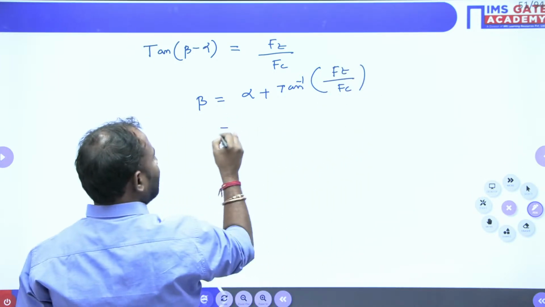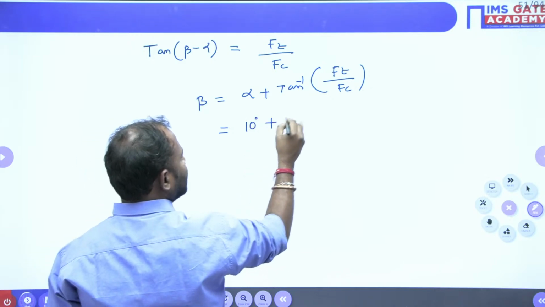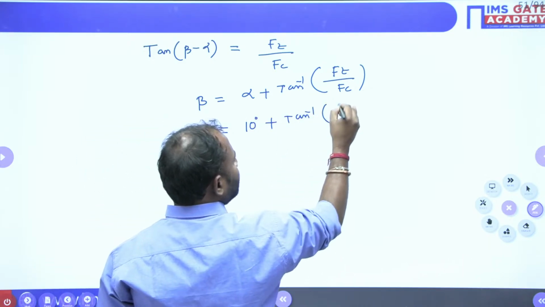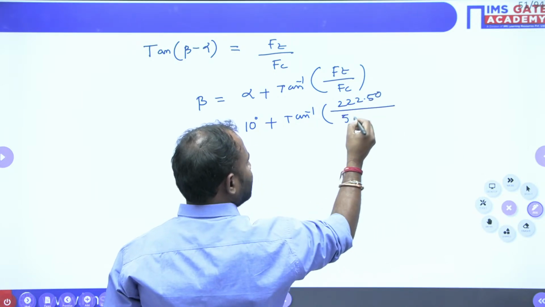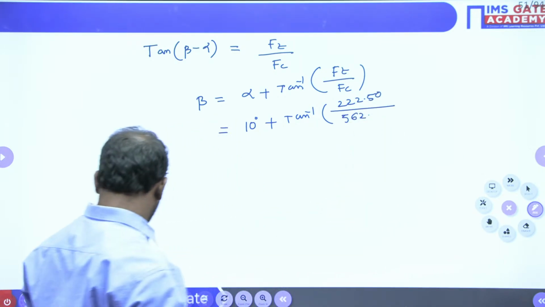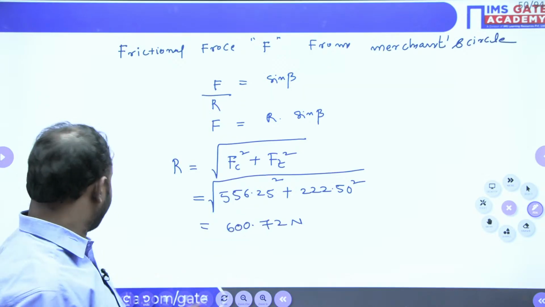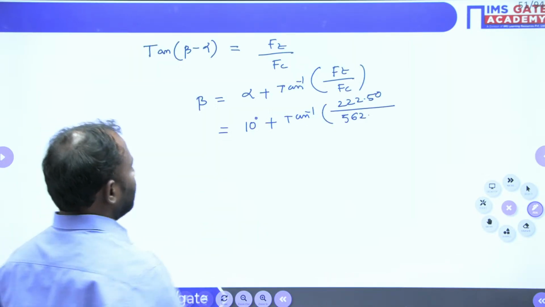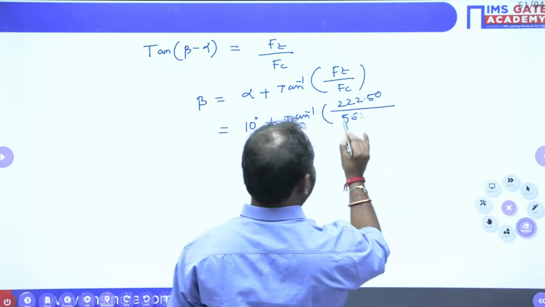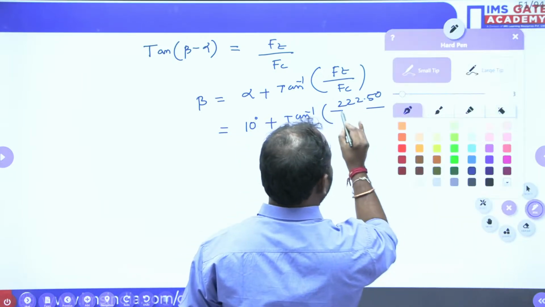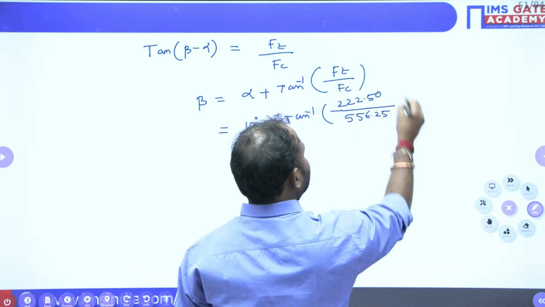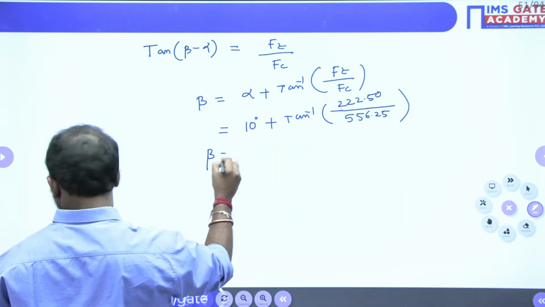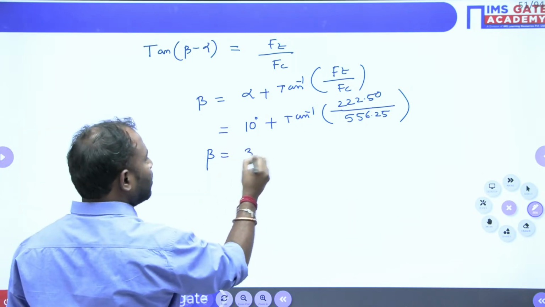Alpha is 10 degrees plus tan inverse of 222.50 divided by 556.25. If I solve that, I am going to get beta equal to 32 degrees.